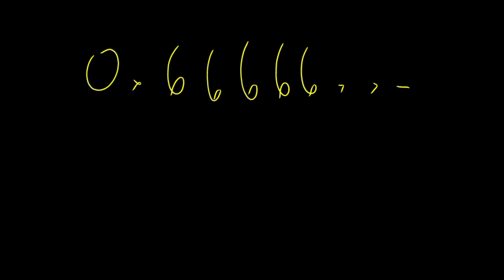Next, we have 0.6666 and so on and so forth. The pattern here is repeated by a single digit, which is 6. So we have 6, 6, 6, 6, 6. Let's get 6 as our numerator, and for the denominator, let us put 9.